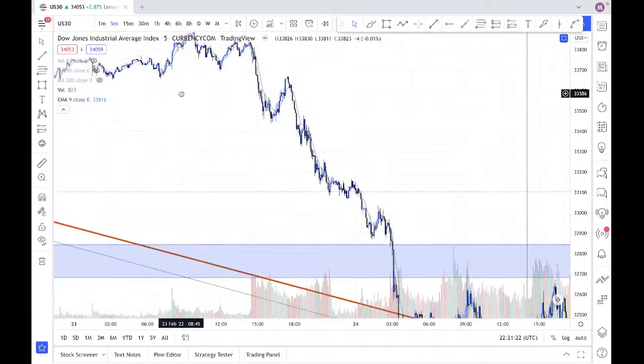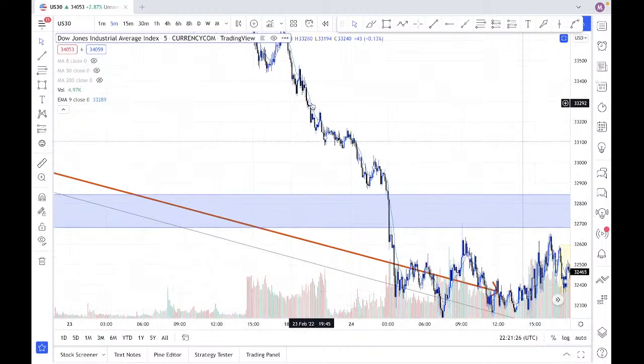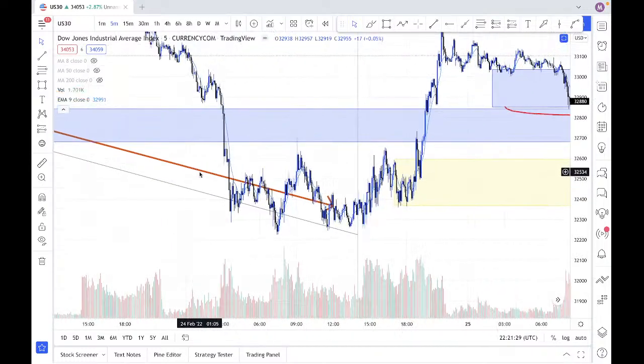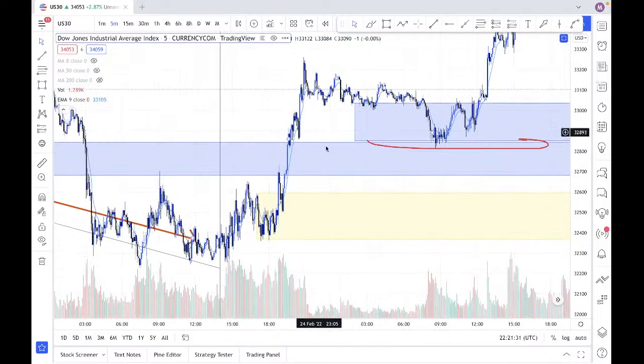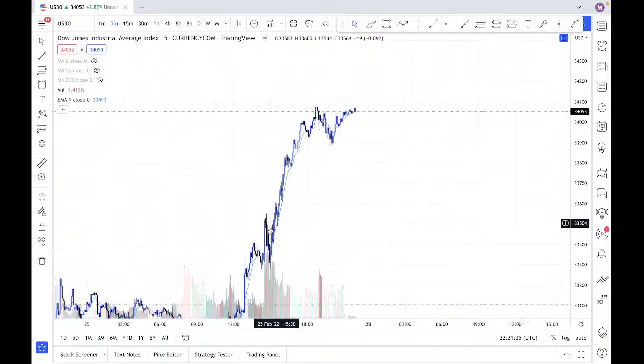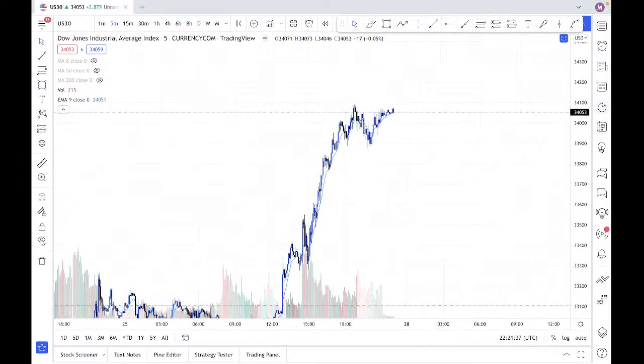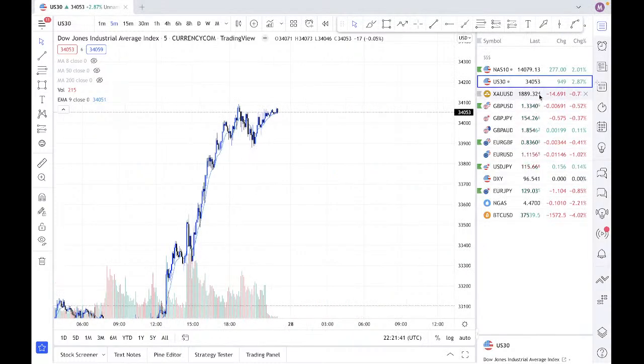Sometimes it does. It'll make impulse moves, but it'll make pullbacks, and the pullbacks won't be into specific zones really. You can see it just runs. Maybe here you can see it does before continuing away higher, but I'd like to use the higher time frames on US30 to find my areas and price reacts off of that.